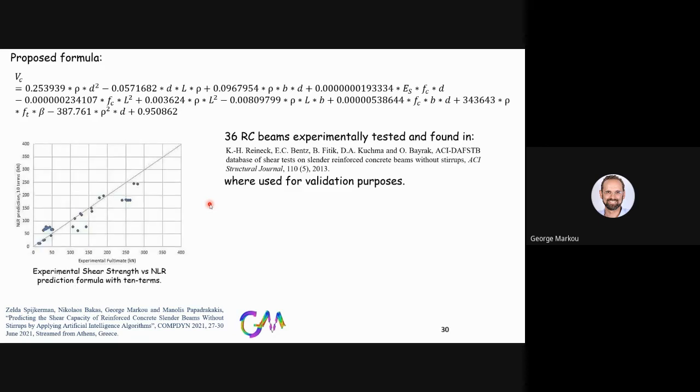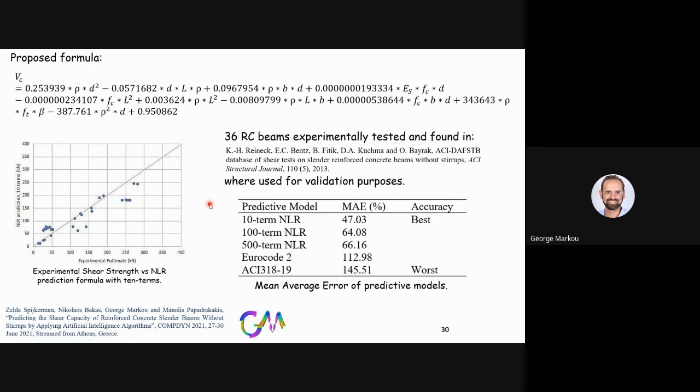And this is the comparison between the experimental shear strength and the predictions from the proposed formula. This is the proposed formula with 10 terms. As you can see, it's pretty longish. And of course, compare the mean average error. As you can see, the 10-term formula derived a 47% error, and the Eurocode and the new ACI 2019 derived approximately 113 and 146 percent error.